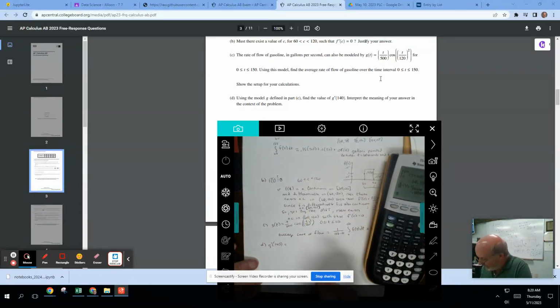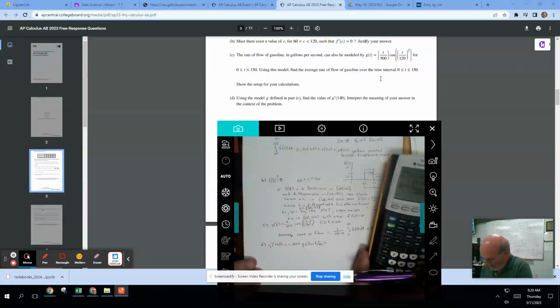And so that's going to be negative 0.004 or 0.005. And that's the rate of change. So this is gallons per second squared.